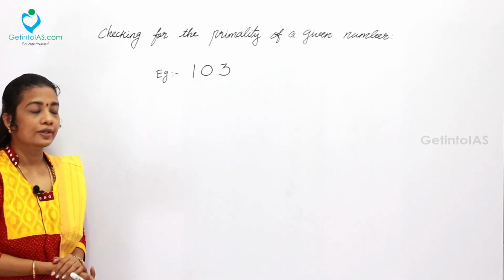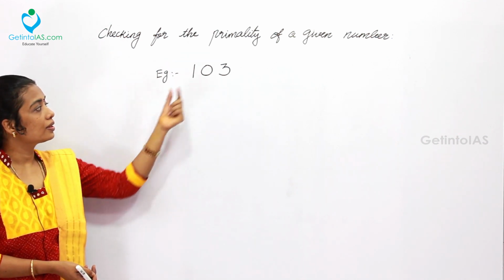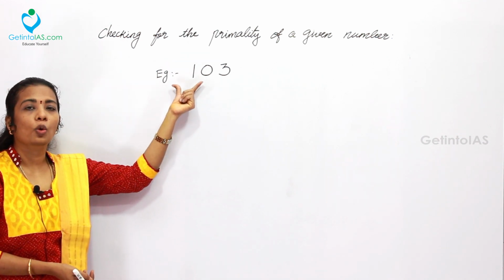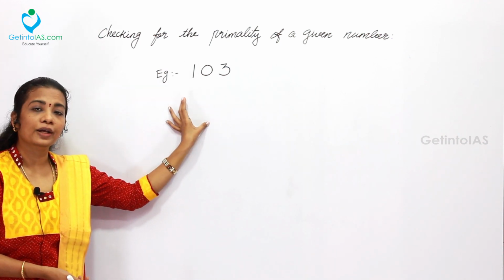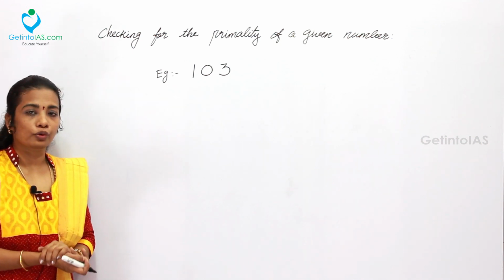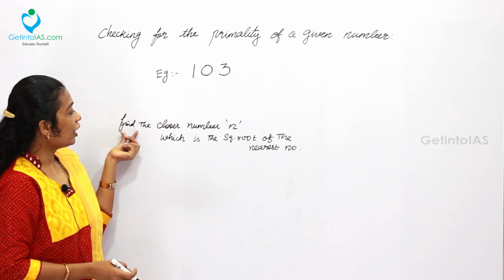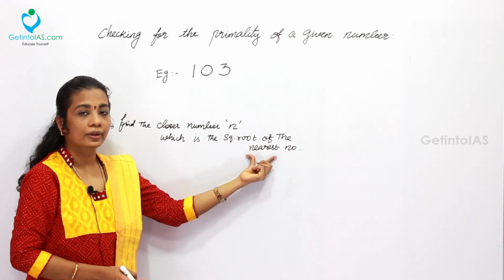The next concept is checking for the primality of a given number. That is, one number is given in front of you, 103. You need to check whether this number is prime or not. For this, you need to follow certain rules. The first rule is to find the closer number n, which is the square root of the nearest number.